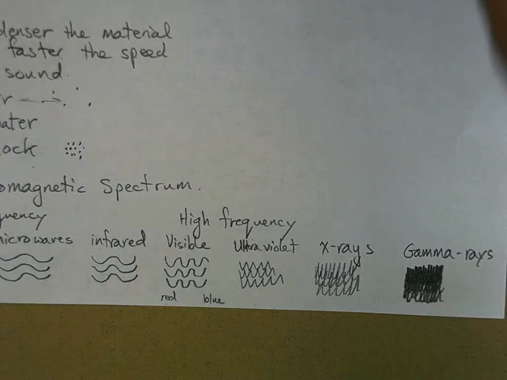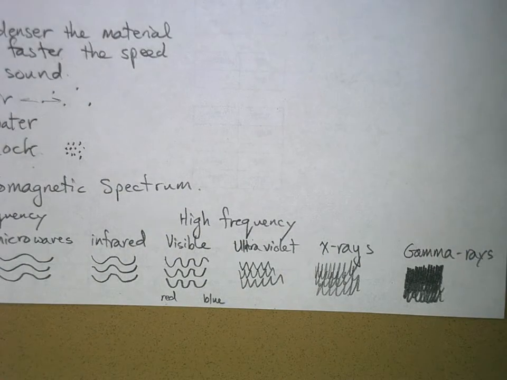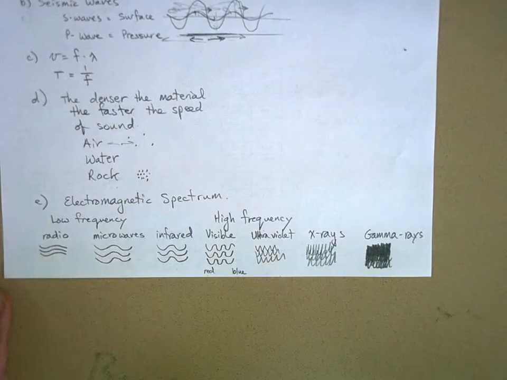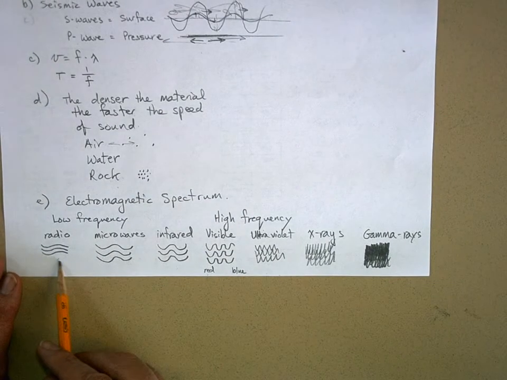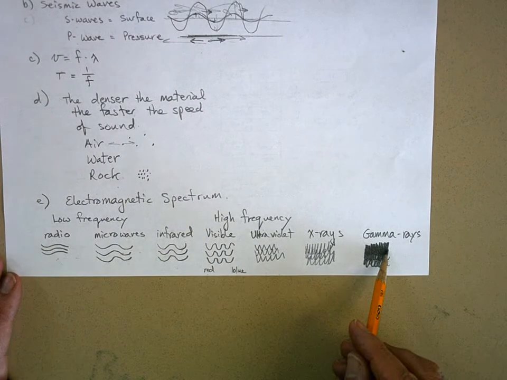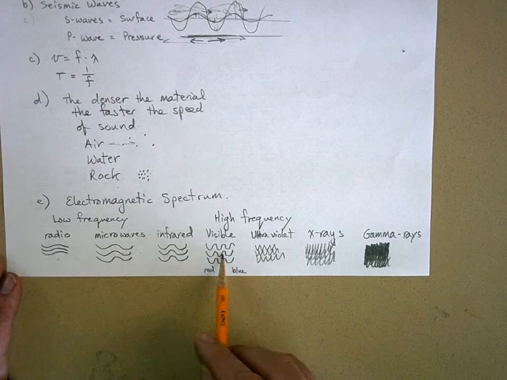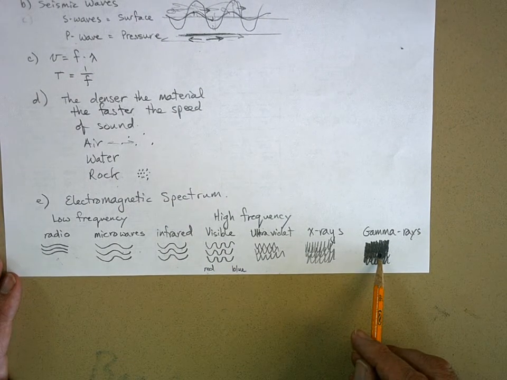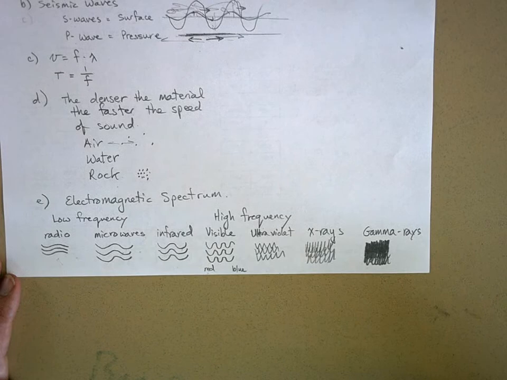This is the electromagnetic spectrum. And the basic thing to know: radio, microwave, infrared, we're gradually getting higher and higher in frequency, higher and higher in energy. Okay? But it all travels at the same speed, the speed of light.